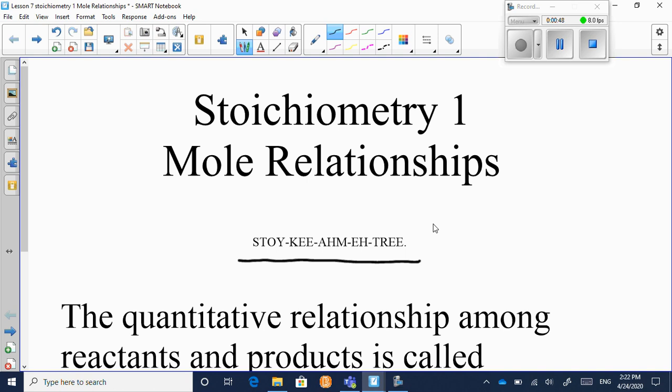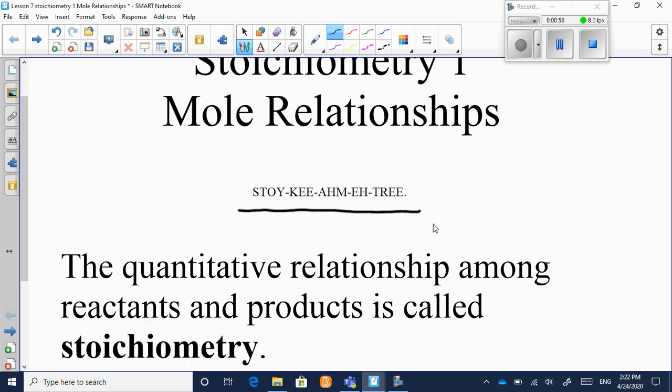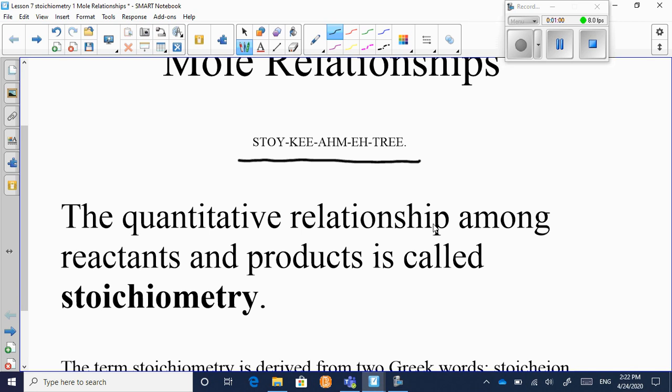What stoichiometry deals with is basically the relationships that the balanced chemical equation gives us. I've defined it here as: stoichiometry is the quantitative relationship among the reactants and products. When we hear that term quantitative, what we mean is numbers.